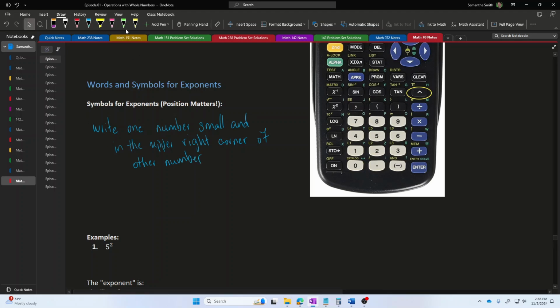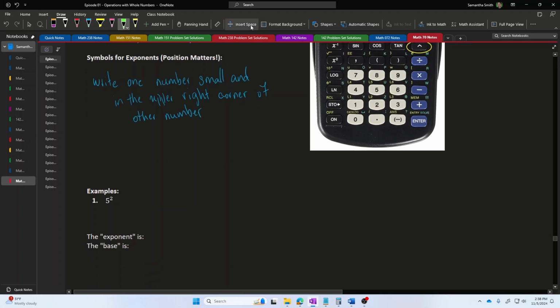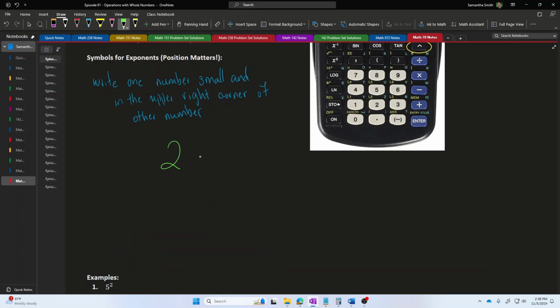So for example, if I wanted to write down 2 to the power 5, I would write down a nice big 2 here, and then I would write down a tiny 5 to the upper right of the 2, 2 to the power 5.